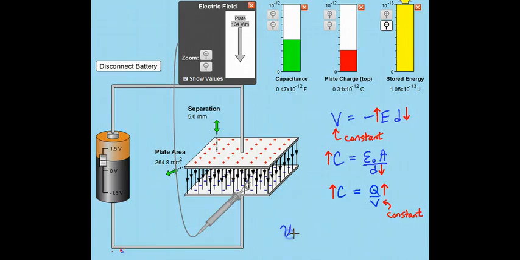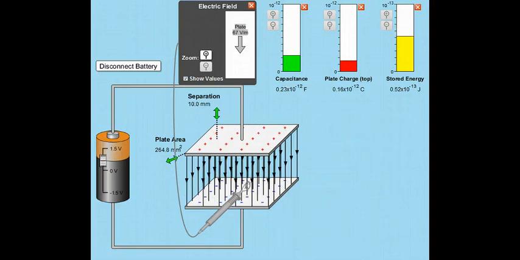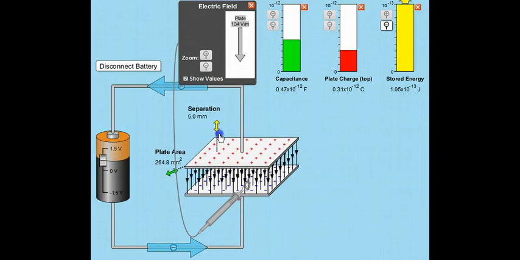Hopefully you recall that the stored energy can be calculated several ways: 1/2 QV, or Q squared over 2C, or 1/2 CV squared. Let's take a look at the last equation, because we know that the voltage is constant, and we know that capacitance has increased, so therefore the stored energy must also increase as well. So we saw that as you decrease the distance between the plates, the capacitance, the plate charge, the stored energy, and the electric field all increase.